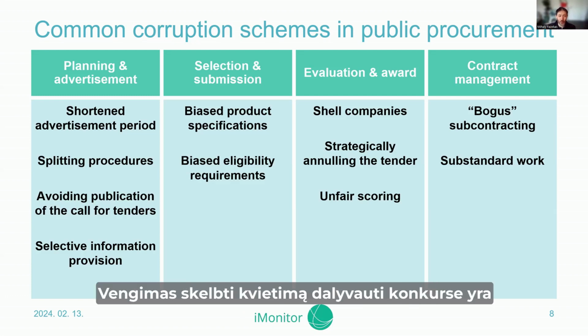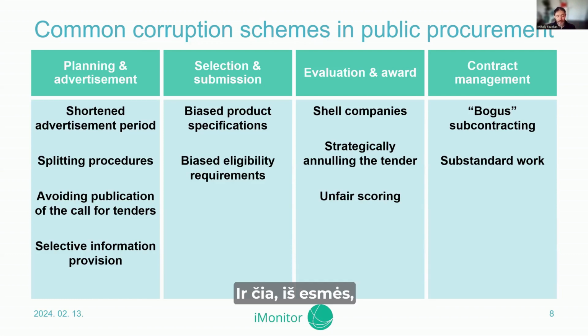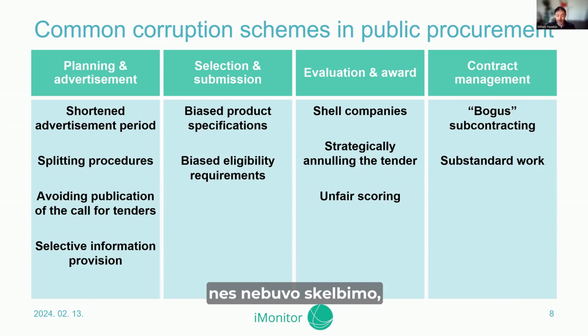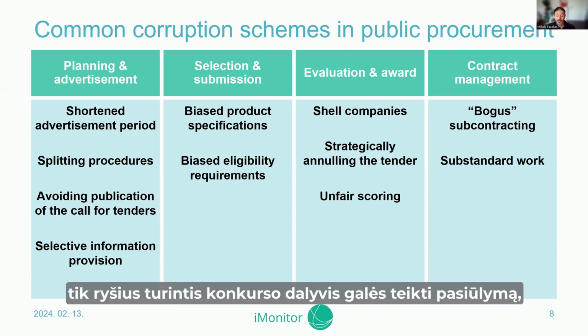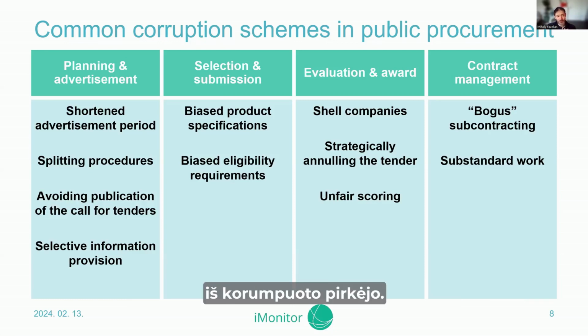Avoiding publication of the call for tenders is another frequent corruption scheme in the advertisement phase. If bidders don't know about an opportunity because the call for tenders was not advertised widely, then only the connected bidder who knows the information directly from the corrupt buyer will be able to submit a bid.